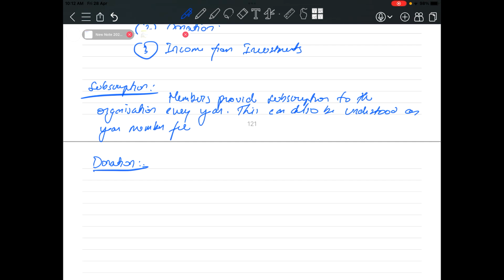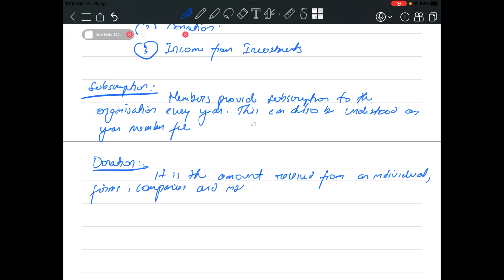Donation is the amount received from individuals, firms, companies and institutions as a gift.